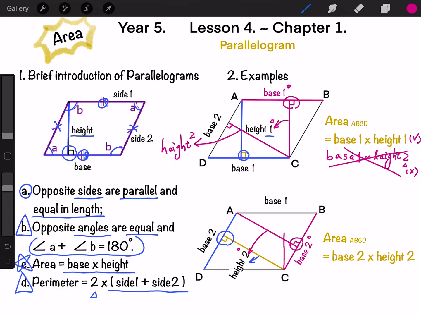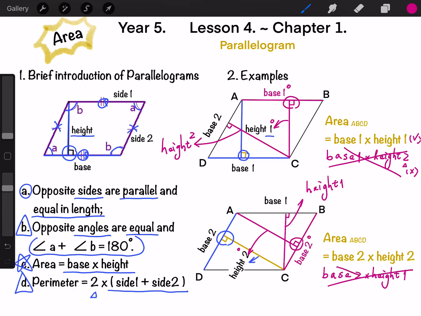And if we draw another line which crosses base 1 at a right angle, this line can be called height 1. Can we say area ABCD equals base 2 times height 1?